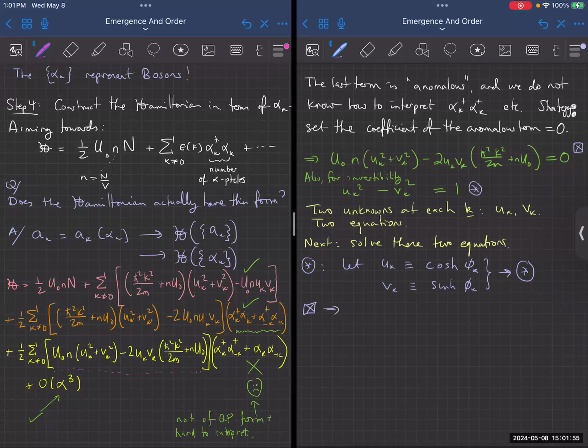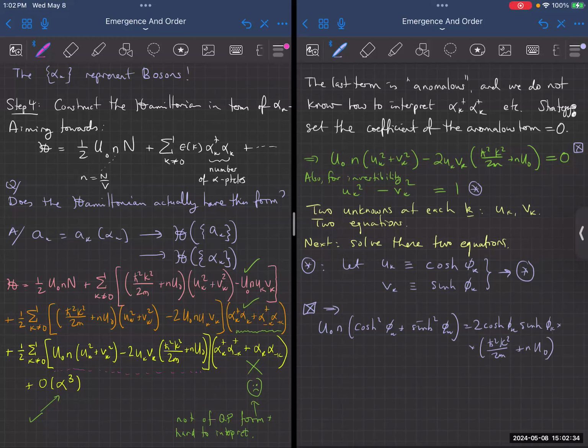In terms of the phis, it becomes the following: u naught n times cosh squared phi_k plus sinh squared phi_k is equal to 2 cosh phi_k sinh phi_k times h bar squared k squared over 2m plus a u naught.